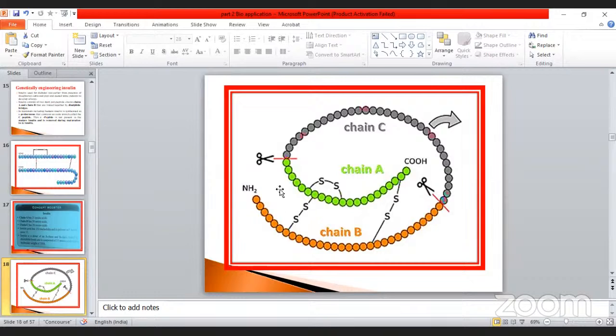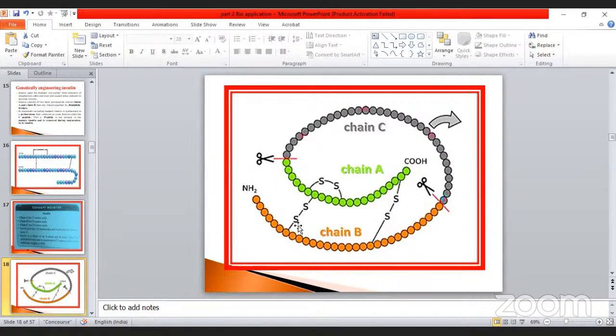See here, how many chains are there now? The green color is given as A chain, the dark black color here is C chain, and the orange color here is B chain. You have to tell us the A, B and C chain. Here, C and A will not connect. Here, A and B only are connected with the disulfide bridge.